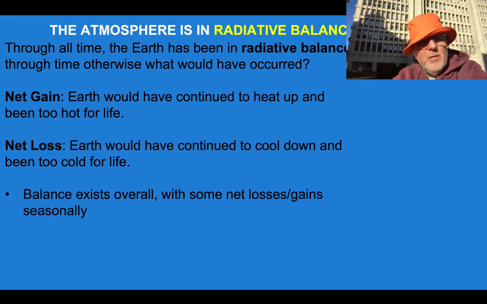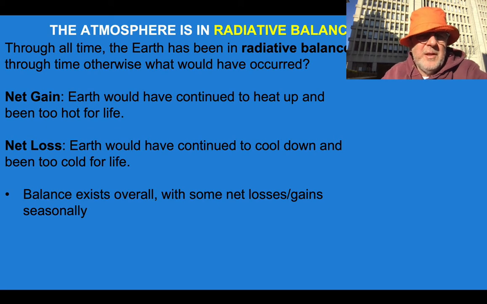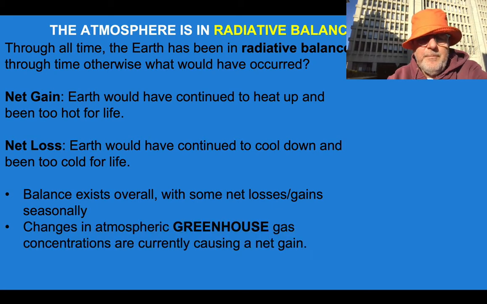But overall, the record of rocks and other ways in which we can determine the climate conditions of the Earth in the past show a very stable atmosphere in terms of temperature.